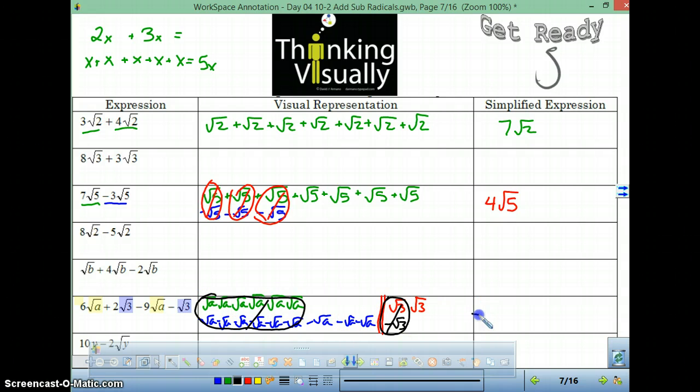I've got negative 3 root a plus root 3. Do you think you could have done this without doing the visual representation? Could you have done 6 root a minus 9 root a is negative 3 root a, and then 2 root 3 minus root 3 is just root 3. There's an invisible 1 there.